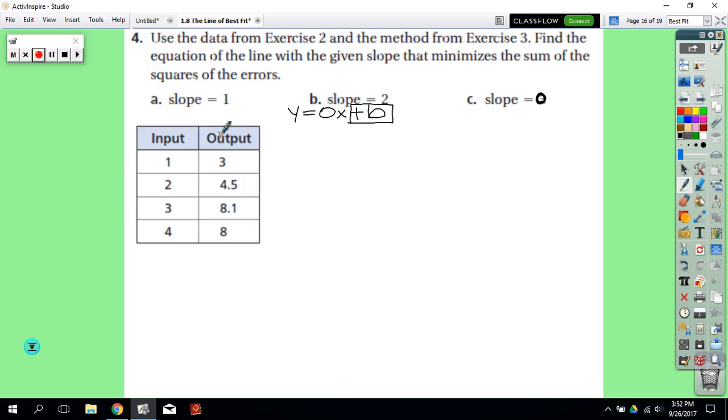Okay, so again, this is our actual output. This is our predicted output. This is what we would get if we were to use this formula to come up with our output values. Each one of these is going to have a plus b at the end.